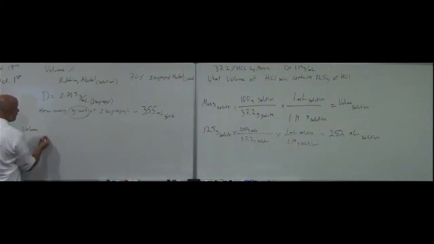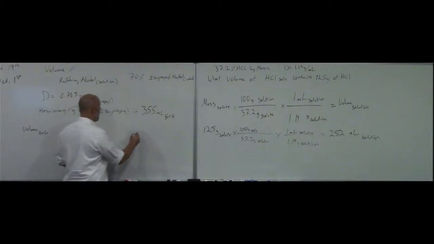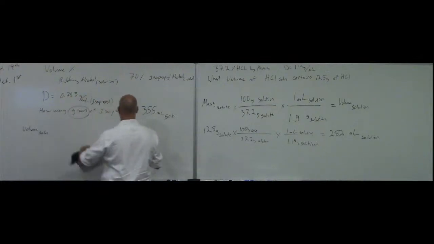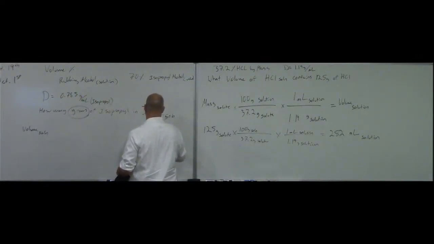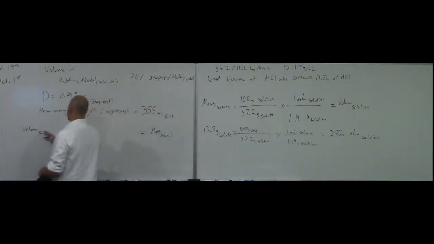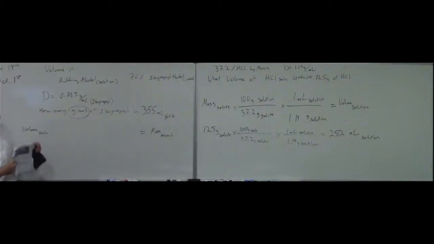of my solution, right? And I want to end with mass of my solute, right? So I get from volume to mass. I can do that by using my percentage, and I can use it by my density, right? So I've got a volume of solution. What's going to be the easiest thing to convert right away?